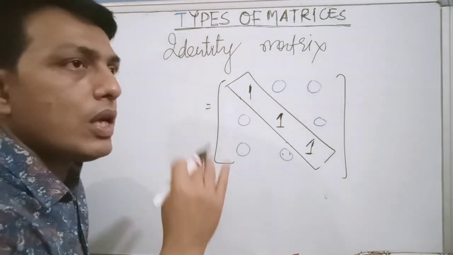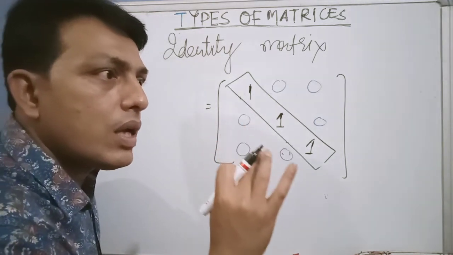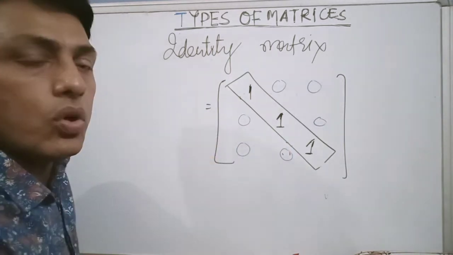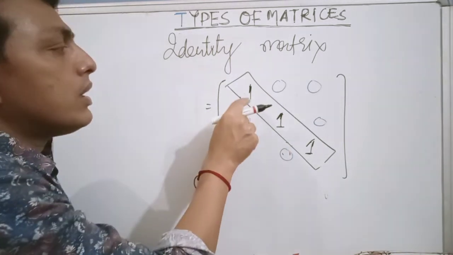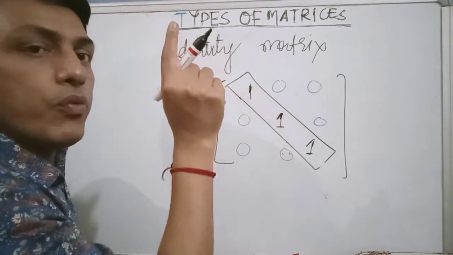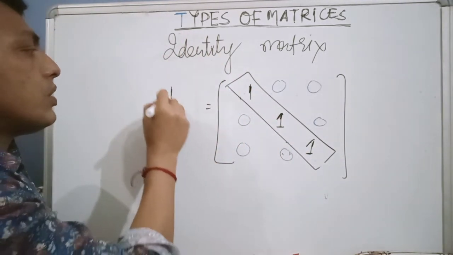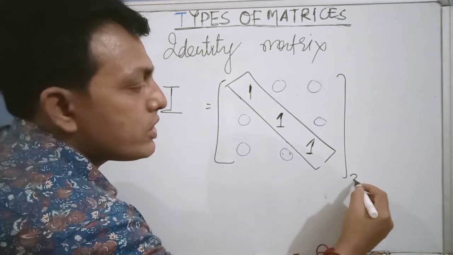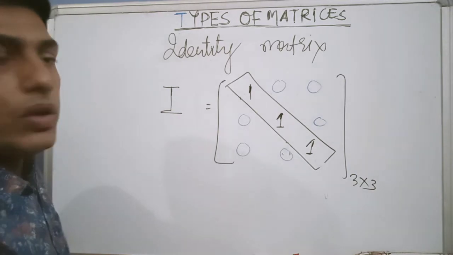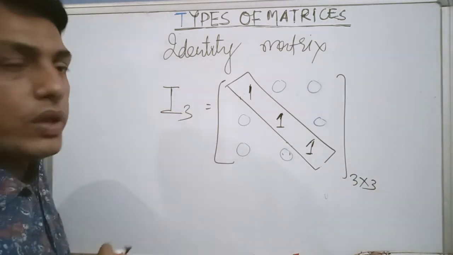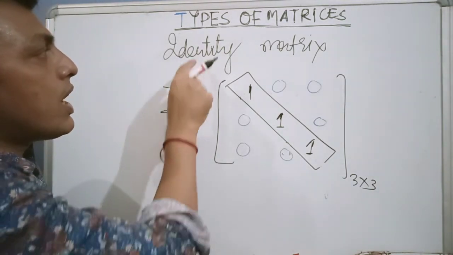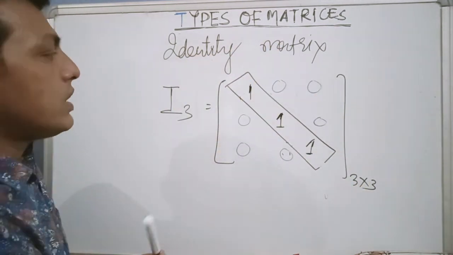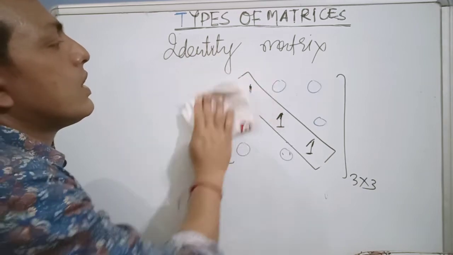Identity matrix means non-leading elements should be 0 and leading elements should be 1 only. So this is called the identity matrix whose order is 3 by 3. So I, with 3 written over here, stands for the identity matrix of order 3 by 3.